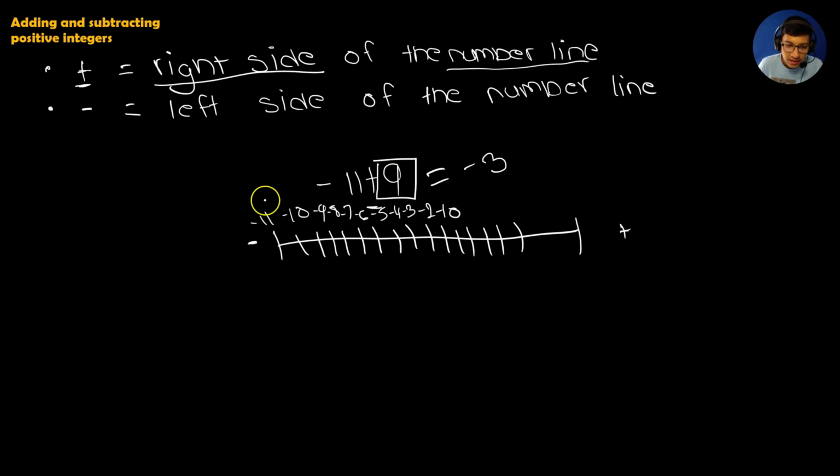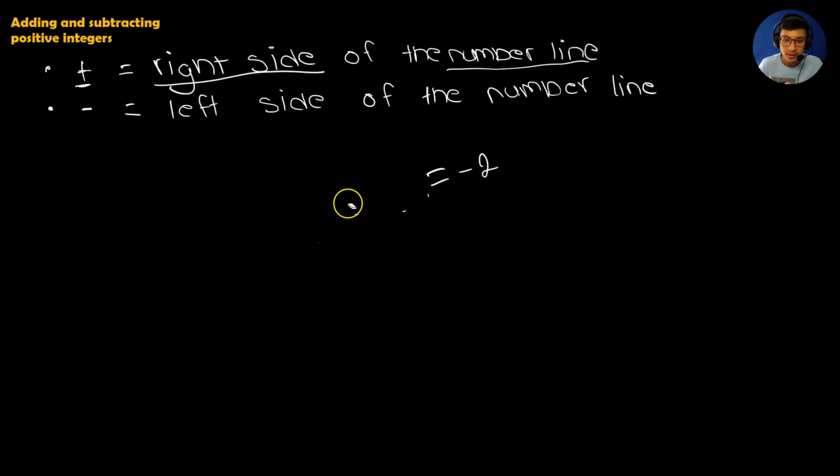We move 9 times to the right: once, twice, thrice, 4, 5, 6, 7, 8, 9. Sorry, my bad. See, I was wrong. It should have been negative 2. See, even I was wrong.